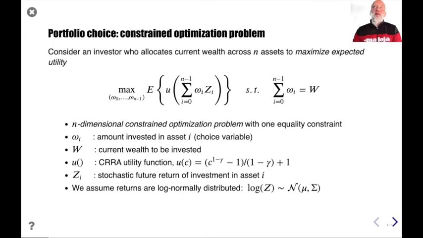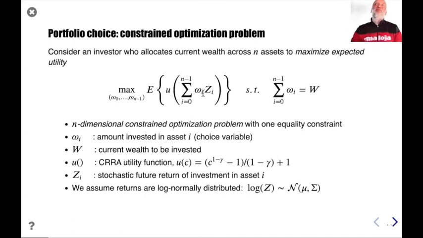So we think of them as gross returns. And since the prices of each of the assets are normalized to 1 here, if I invest omega I in asset I, and the return is say 1.10, then after that you get omega I times 1.10.